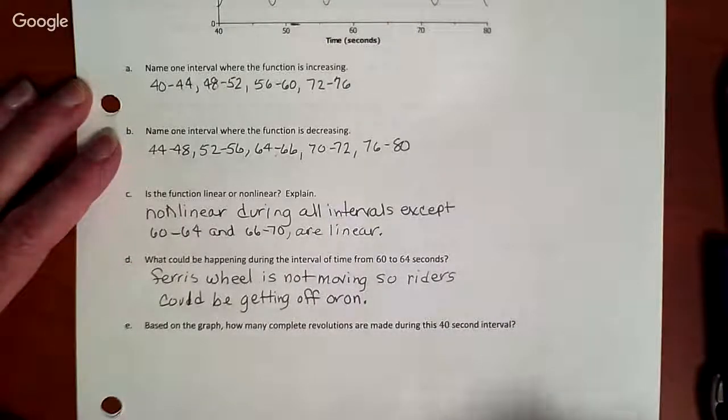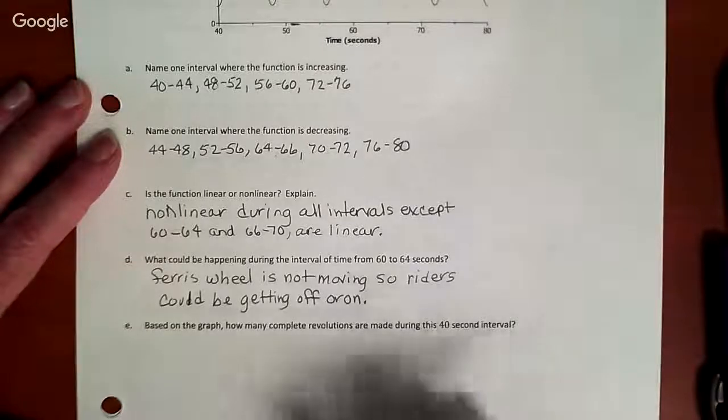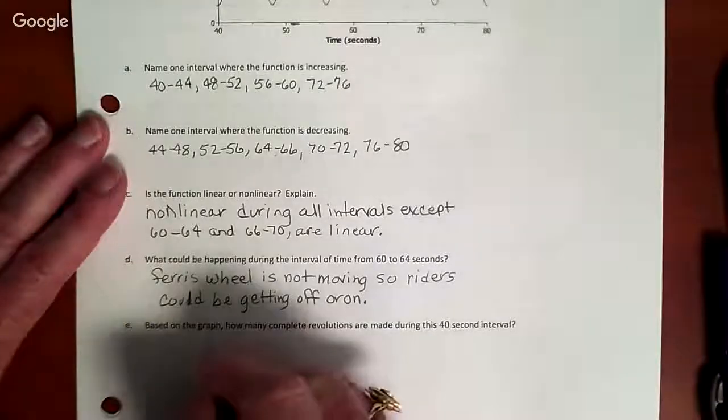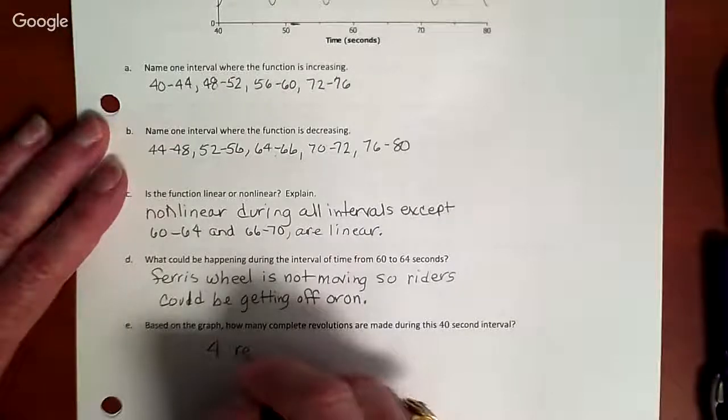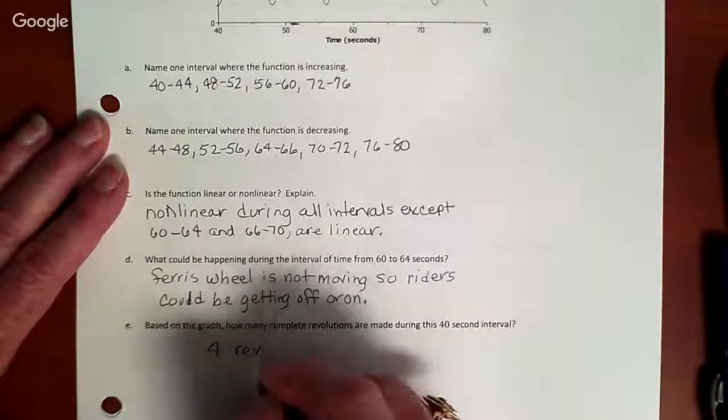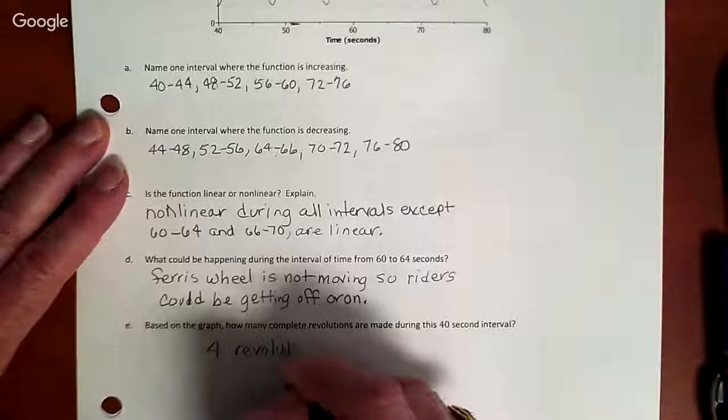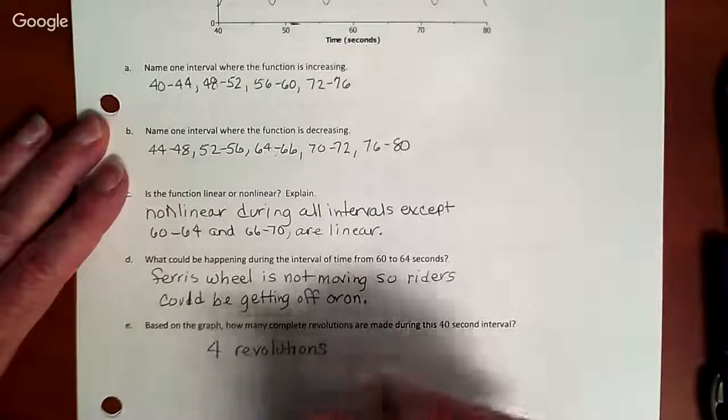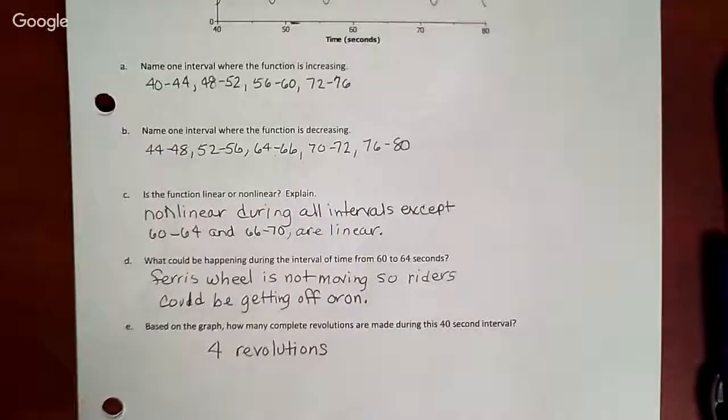It says based on the graph, how many complete revolutions are made during the 40-second time interval? Four complete revolutions. This ends the lesson.